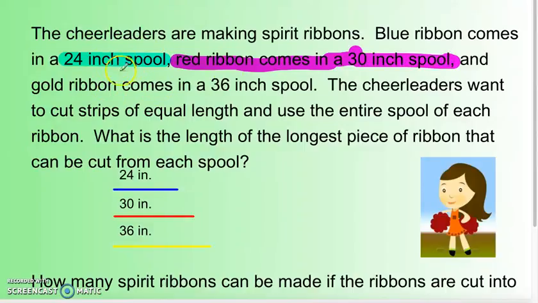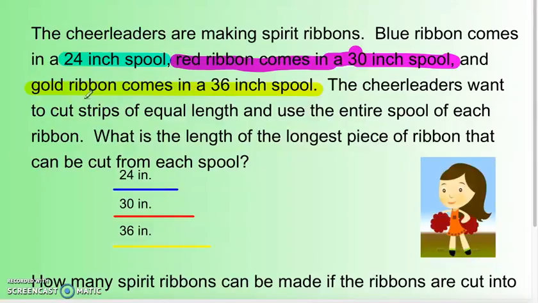And gold comes in a 36-inch spool. So we have 24 inches of blue on one spool of ribbon, 30 inches of red ribbon, and then 36 inches of gold ribbon.